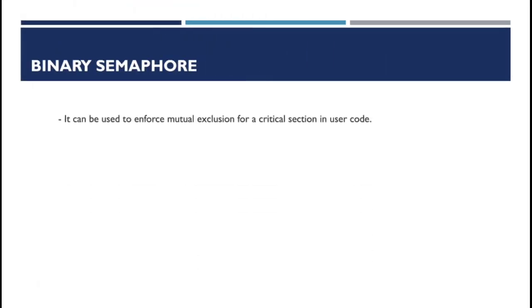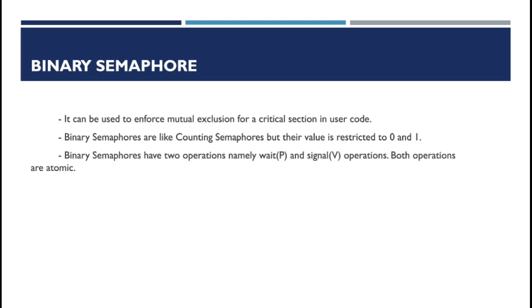Let's see what binary semaphores are. They can be used to enforce mutual exclusion for a critical section in user code. Binary semaphores are like counting semaphores, but their value is restricted to 0 and 1. Binary semaphores have two operations, wait and signal. Both operations are atomic.